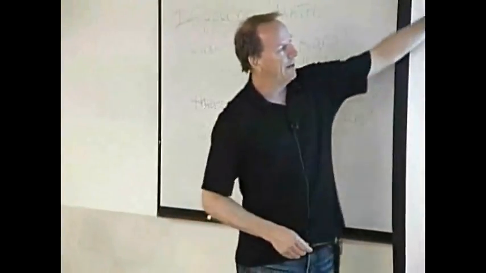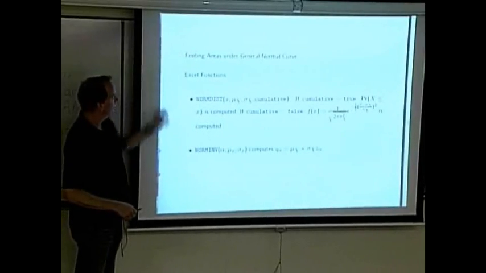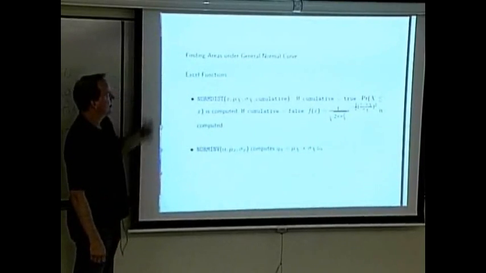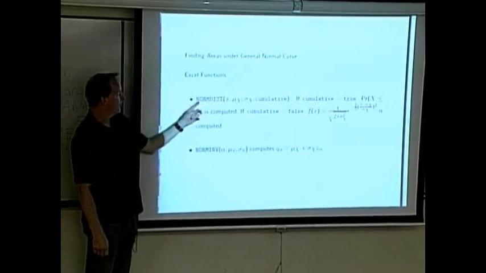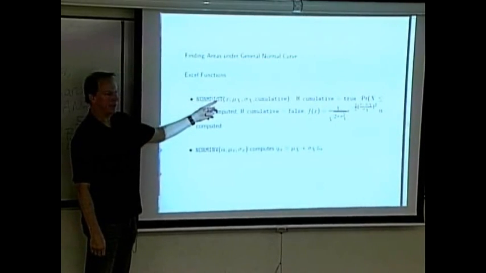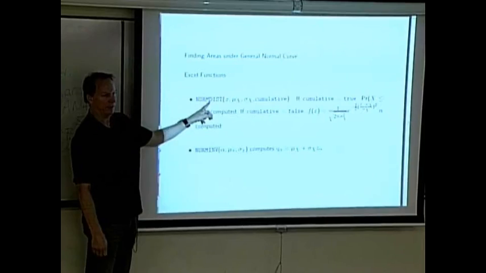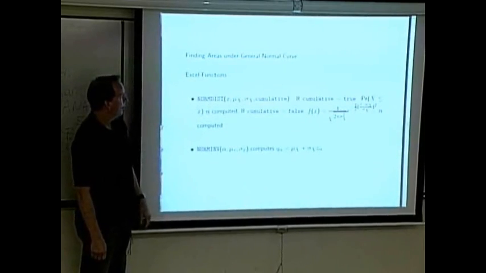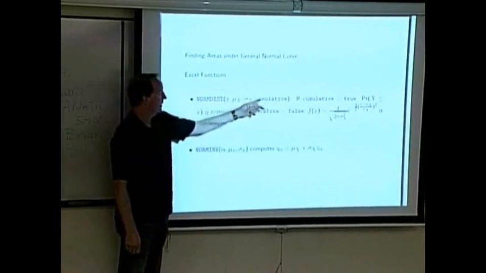All right. So to do probability calculations, we have to be able to calculate area under the general normal curve. If we're working in Excel, there's a function called NORM.DIST. Before, we had the function NORM.S.DIST, which was for the standard normal. Now for the general normal, we just have NORM.DIST. The S disappears. This function takes 4 arguments: x, mu of x, sigma x, and cumulative.